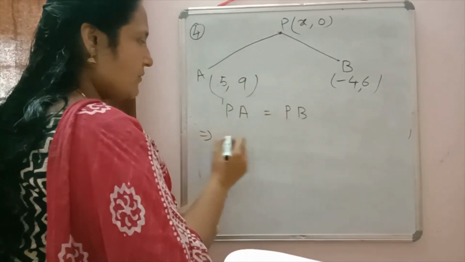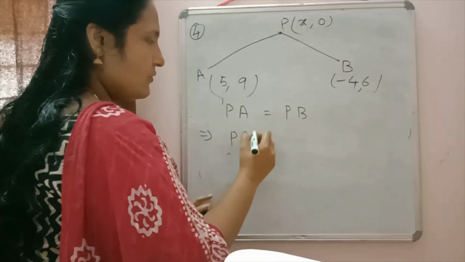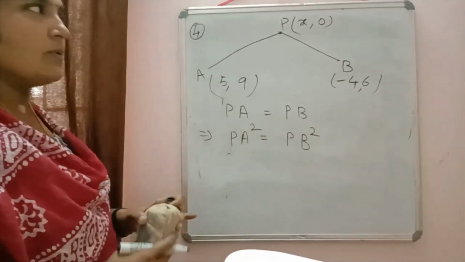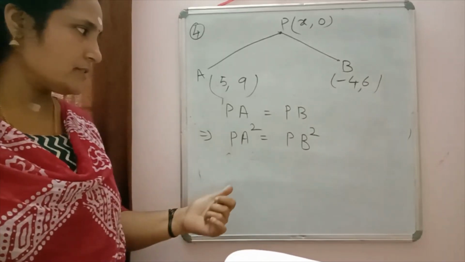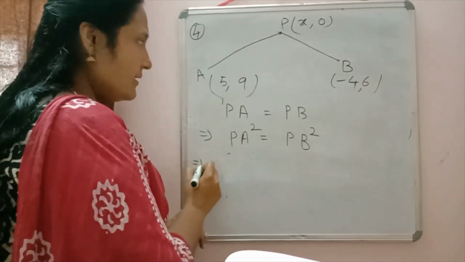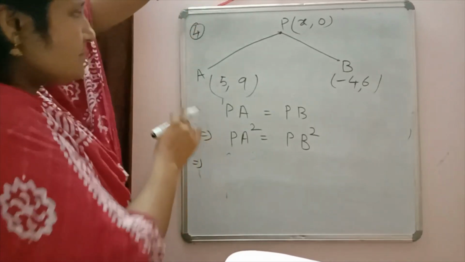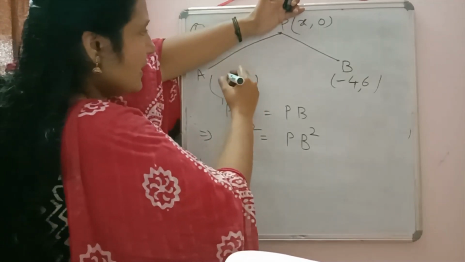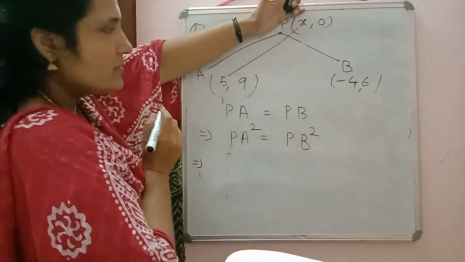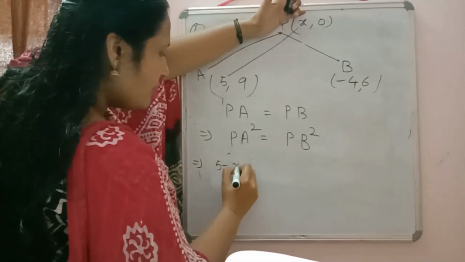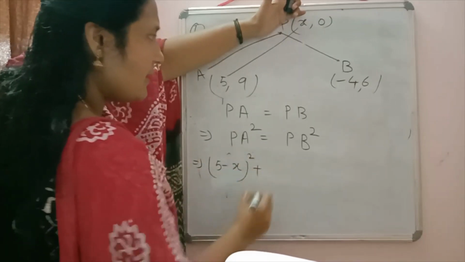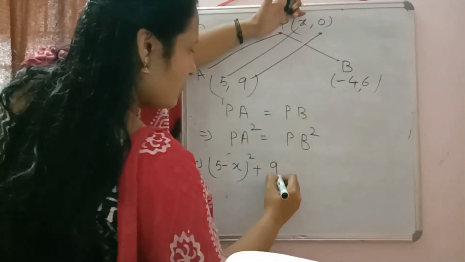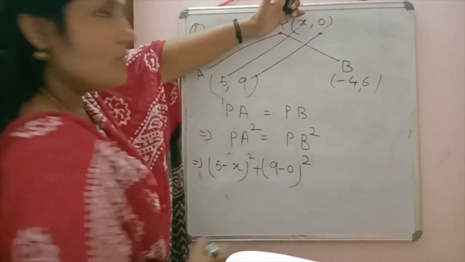If you want, here only you can square both the sides. Then you don't have to put the square root again and again. PA square is equal to PB square. So now when you use the distance formula, you don't have to write the square root. For PA, as we know, we write x2 minus x1 the whole square, so it will be equal to 5 minus x the whole square plus 9 minus 0 the whole square, that is y2 minus y1 the whole square.